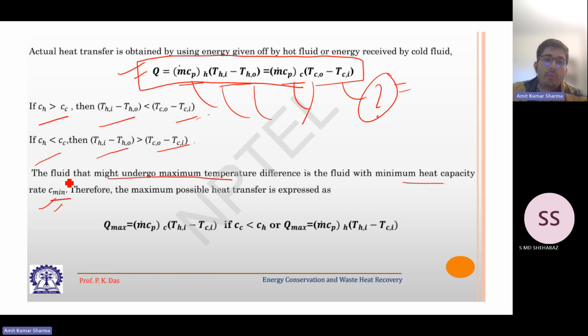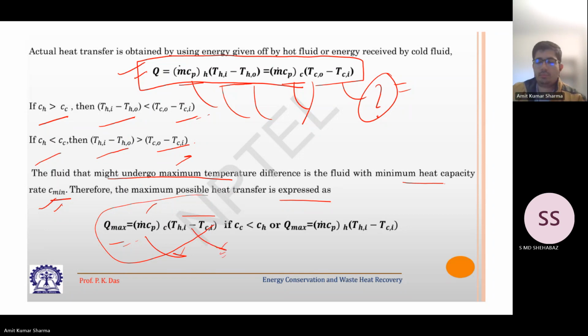Because of C minimum only, there can be maximum temperature difference. So the maximum possible heat transfer is expressed as Qmax equals mCp minimum (Thi minus Tci).